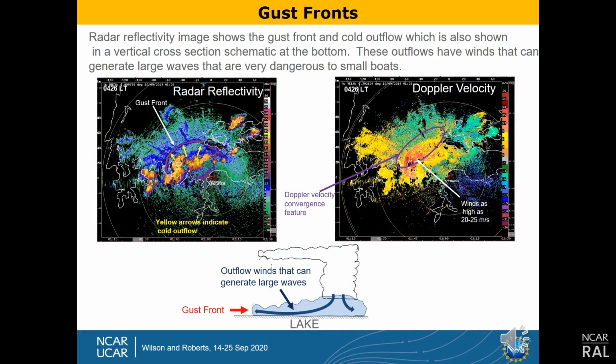So here we have a radar reflectivity image of a gust front, as we just saw. So, again, here's the arrow showing the cold air coming out and forming the thin line. But let's look at Doppler velocity. Well, in Doppler velocity, we have our Doppler velocity convergent feature, which we studied in lecture 1.